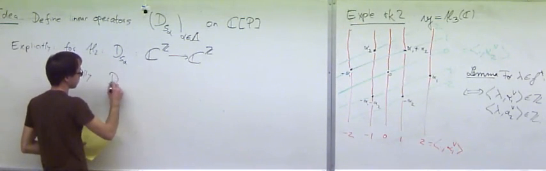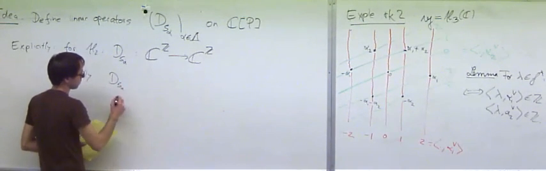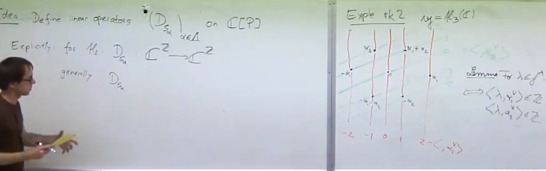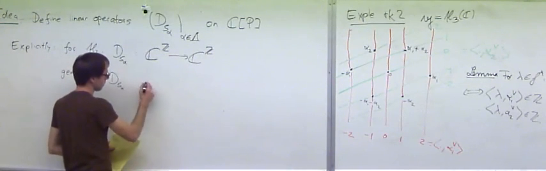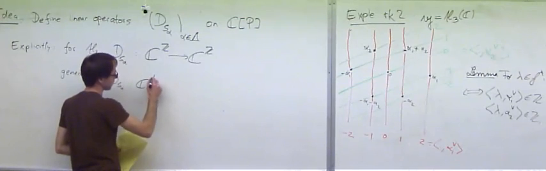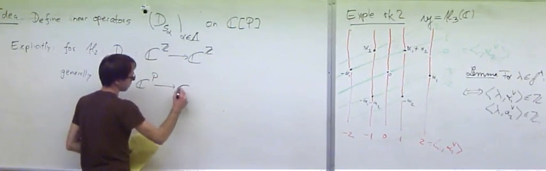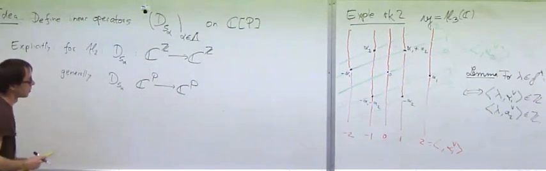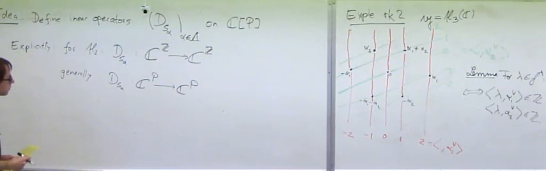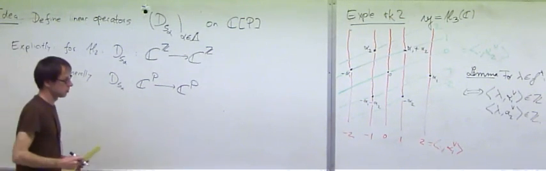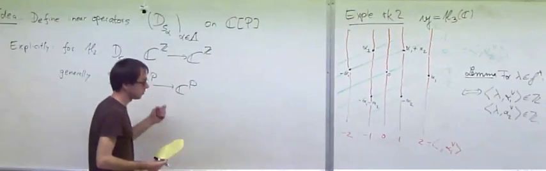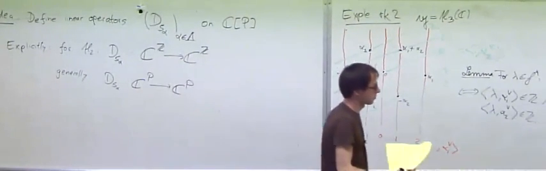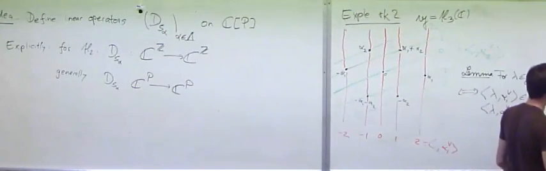Generally there are several of those D_α, and they act on vectors indexed by the weight lattice, right? So an element of ℂ^P is, everything I'm saying is just playing with words.